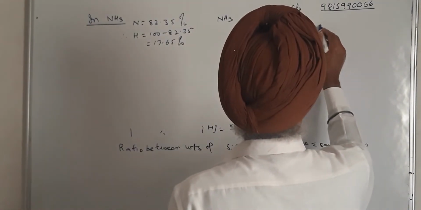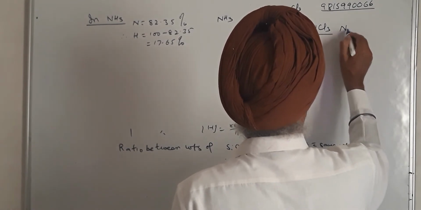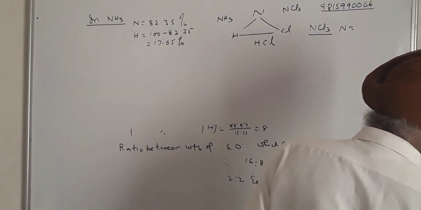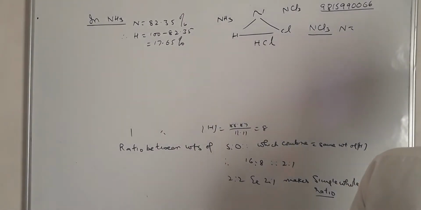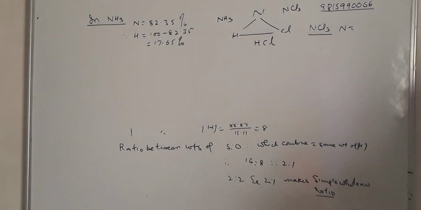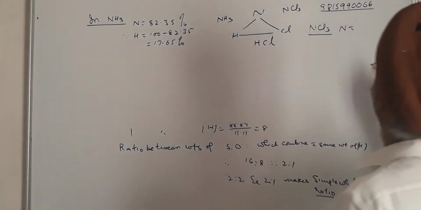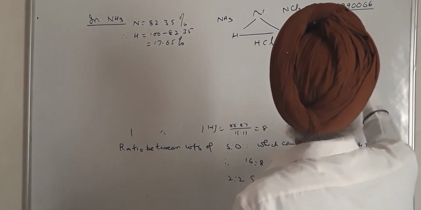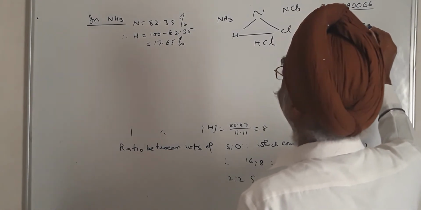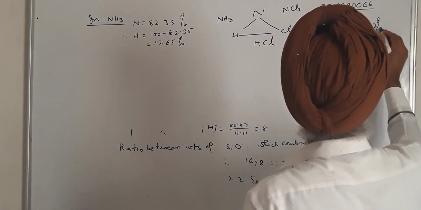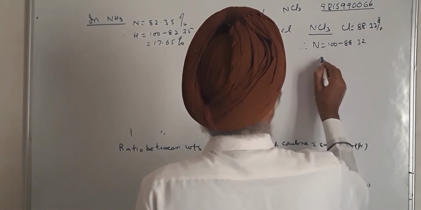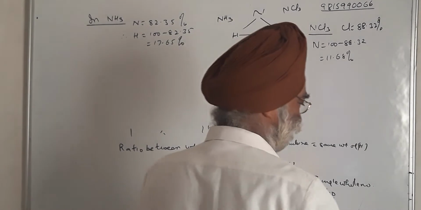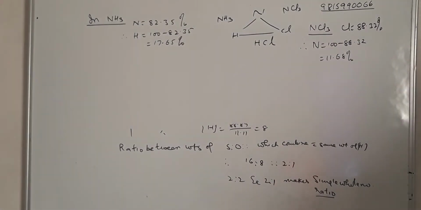In NCl3, chlorine is 88.32%. Therefore, nitrogen is 100 minus this, and it is 11.68%.